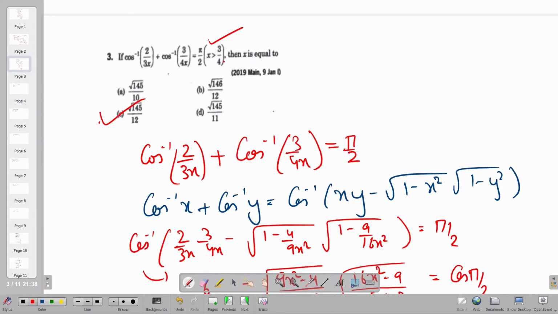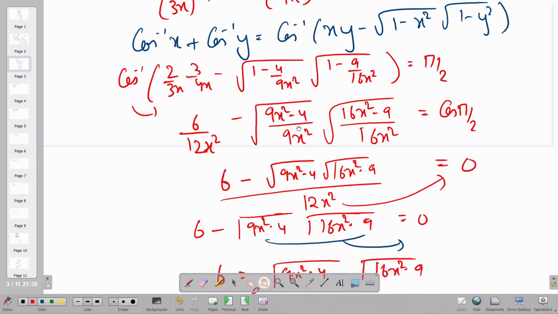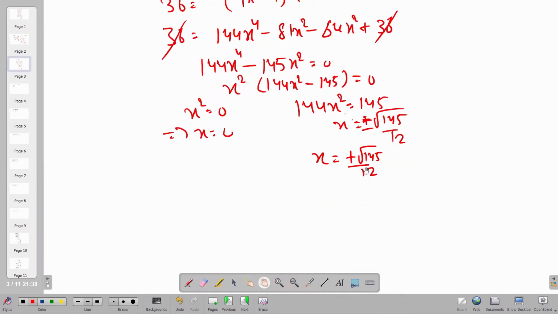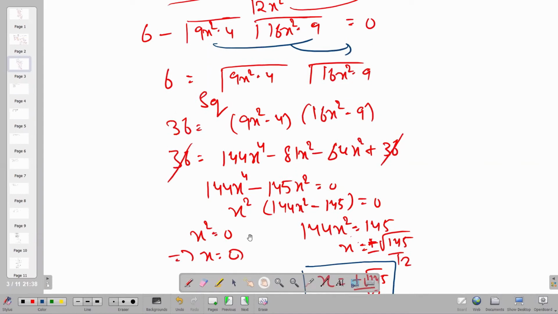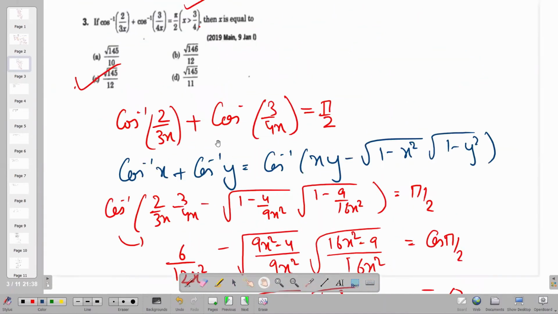The rest we have to neglect, these two values, x equal to 0 and x equal to minus root 145 by 12. So I get the correct option as option C.